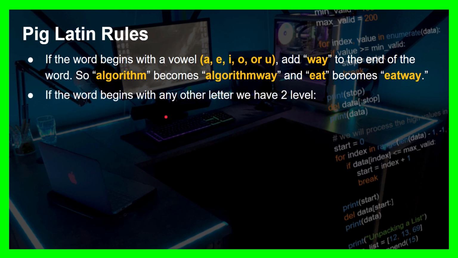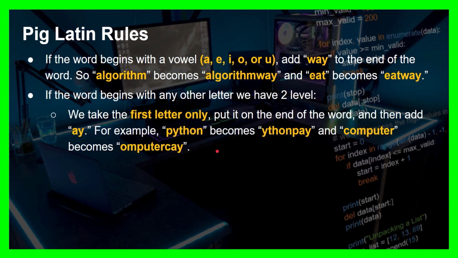Next, if a word begins with any other letter, meaning that it doesn't start with any of the following letters, we actually have two levels to Pig Latin. The first level is going to be taking the first letter only. Keep this in mind. We take the first letter only, put it on the end of the word, and then add an "ay".